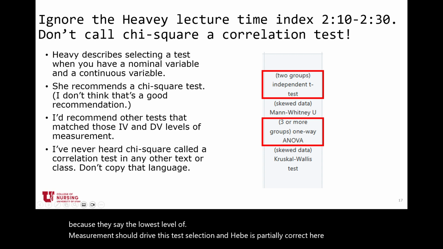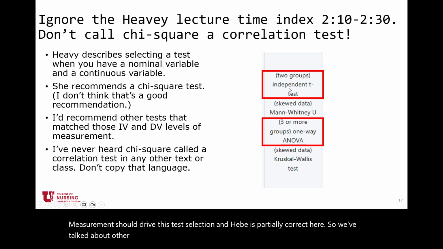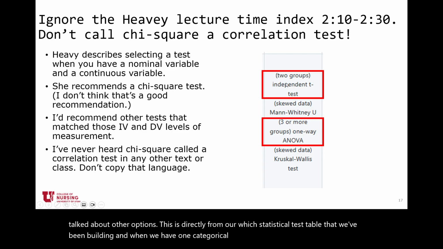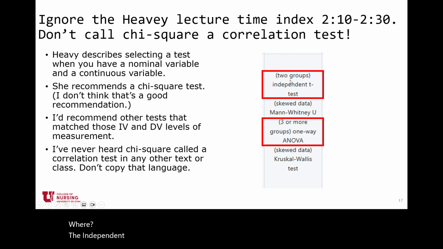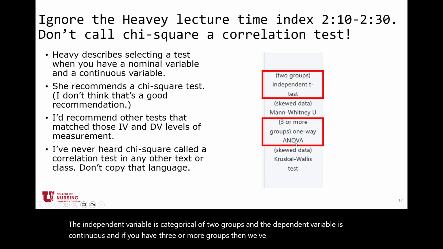So we've talked about other options. This is directly from our which statistical test table that we've been building. When we have one categorical variable, which is nominal, and one continuous variable, which is interval or ratio, we've looked at the independent t-test, where the independent variable is categorical with two groups, and the dependent variable is continuous. And if you have three or more groups, then we've looked at the one-way ANOVA.